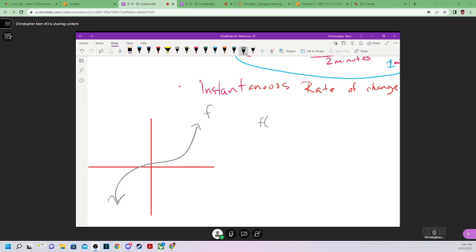You have f of a plus h minus f of a, all over h. Well, the idea of this story is that we have a, and then we're going to increase that a value by some small number h. So let's make h somewhere over here. Let's make it a very small number. Let's say this is a plus h. We're going to add a very small number.